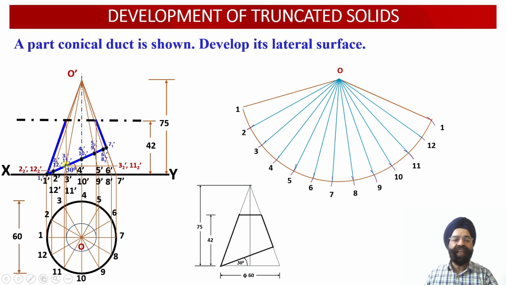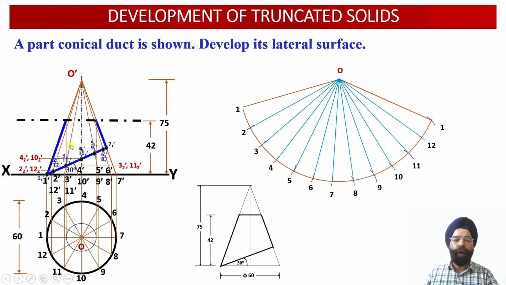So 31 dash and 11 dash have been transferred using this horizontal projector line onto the true length at this particular point over here. So the radius will be O dash 32 dash, O dash 11 dash over here, corresponding to the points 31 dash and 11 dash respectively.